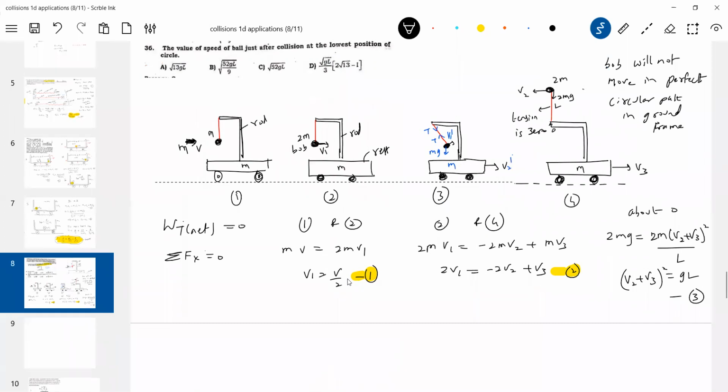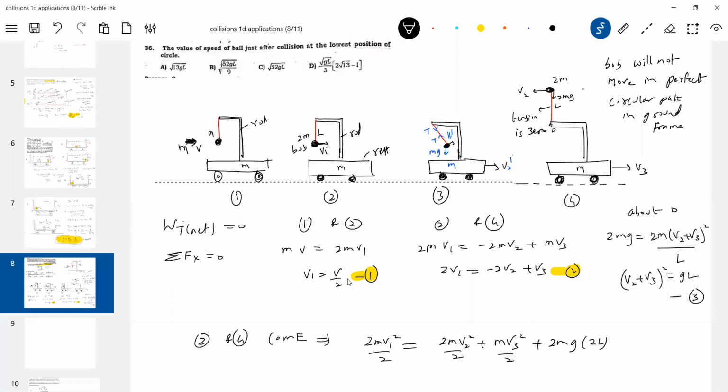Conservation of mechanical energy between 2 and 4. So what is the kinetic energy of the system? 2m v1 square by 2 should be equal to 2m v2 square by 2 plus m v3 square by 2 plus 2mg. What is the height it will ascend? L plus L, 2L.